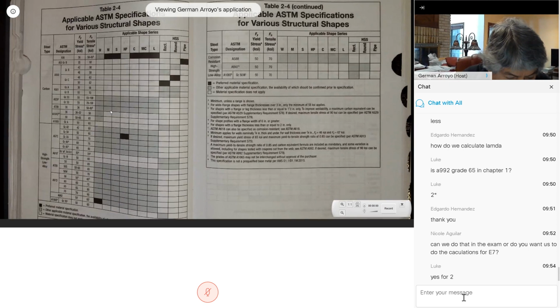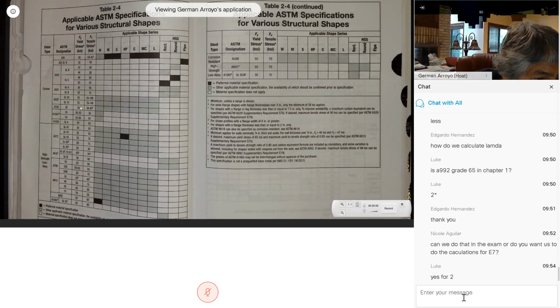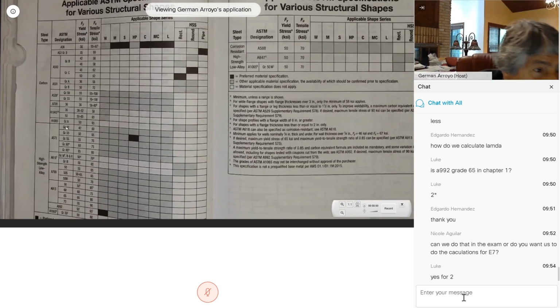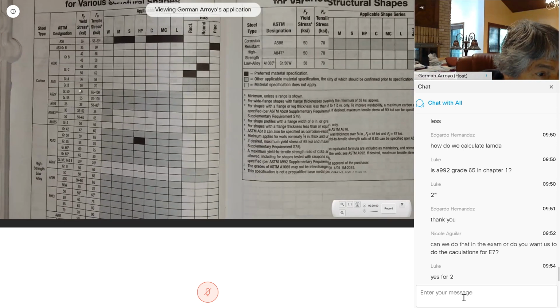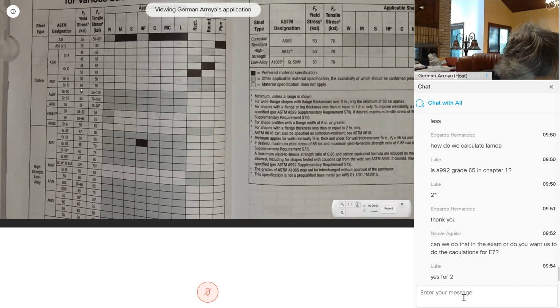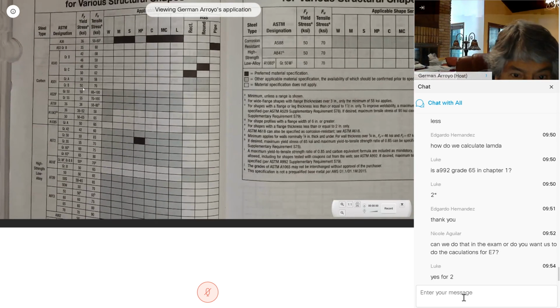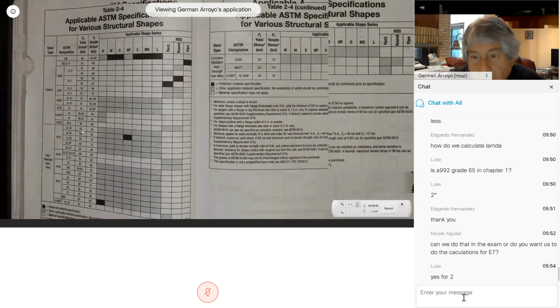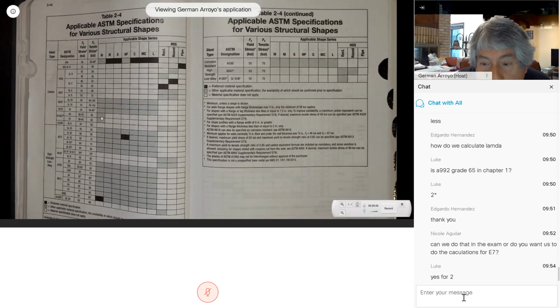And this was from the old code, A992, grade 65. It's not in here. If it were today, I'd give you another one with grade 65. But grade 65 means no matter what type of steel, 65 ksi, this is the Fy. Any other question?